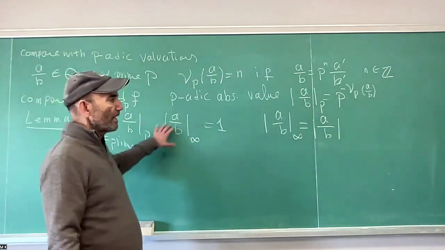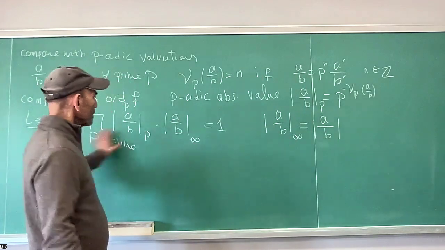So these are p-adic absolute values, that one is the usual absolute value. And the product is always 1.